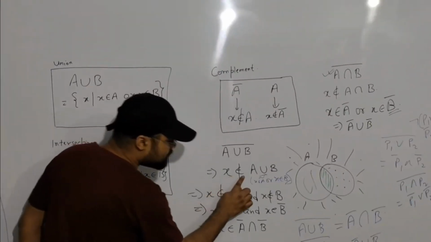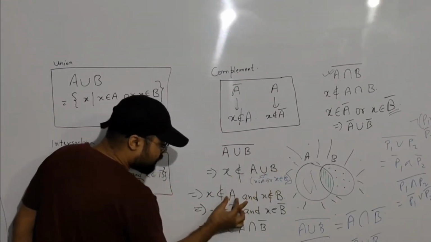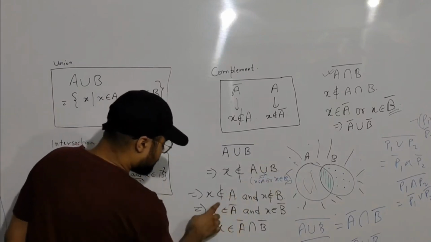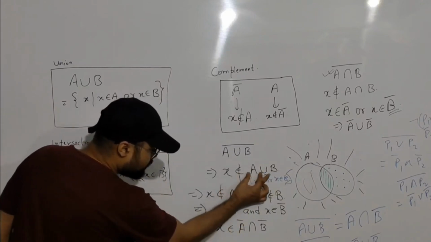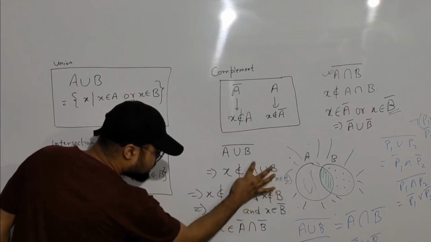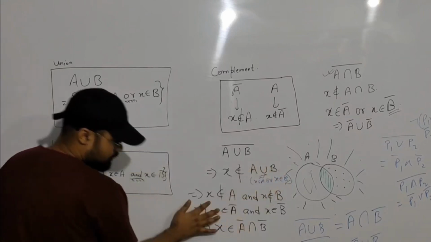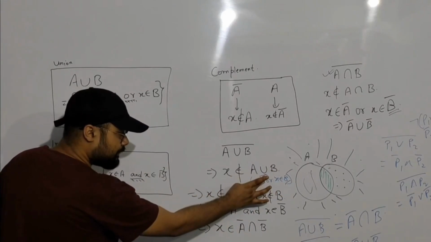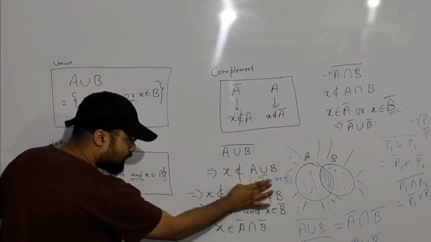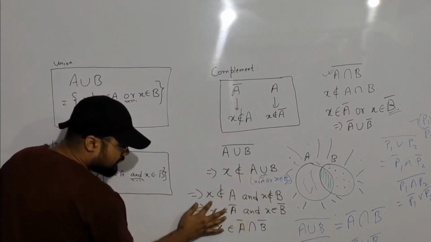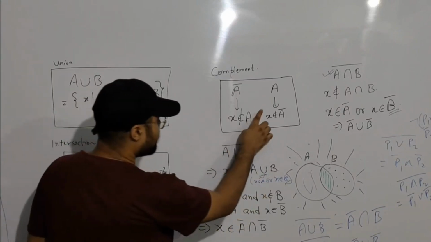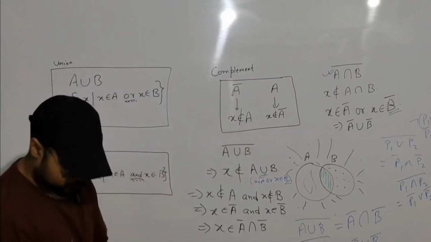When you are performing this does not belong to, then the set gets complemented. First, I am changing this OR into AND, but X does not belong to A. I have written it here.